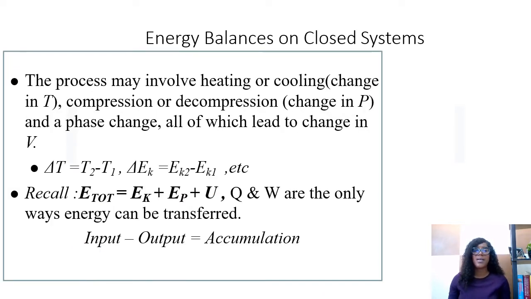Now the process may involve heating or cooling in terms of our temperature change. If we have a change in pressure, we'll have compression or decompression. And of course, a phase change, which can all lead to a change in our volume. So if we look at our change in temperature, it would be the difference between the two states, right? So it would be our T2 minus our T1. If we were looking at our change in kinetic energy, it would be EK2 minus EK1.